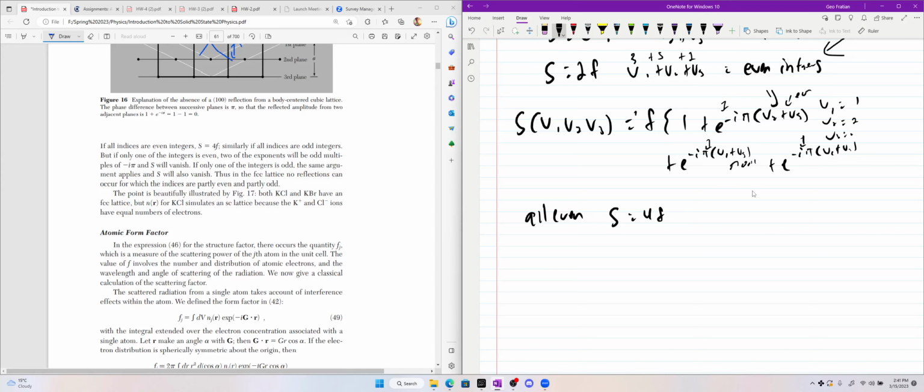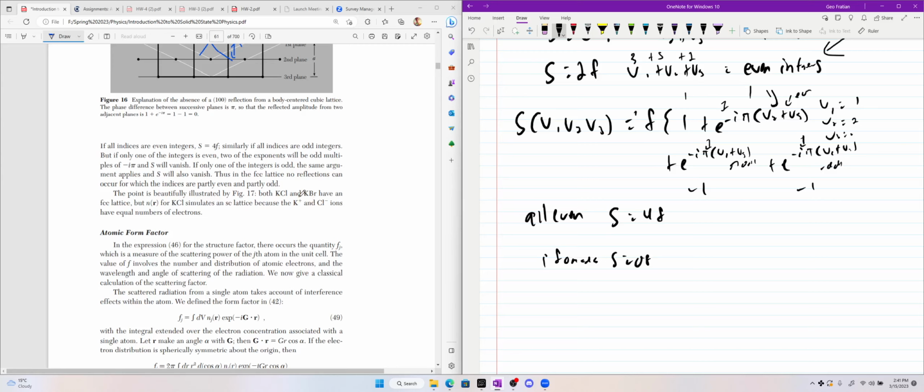This one right here is odd, and this one right here is odd. So we get a plus 1, a negative 1, a negative 1, and a plus 1, so we get 0. So if one is odd, S equals 0. The same argument applies for other cases as well. Therefore, in the FCC lattice, no reflections can occur if the indices are partly even and partly odd.